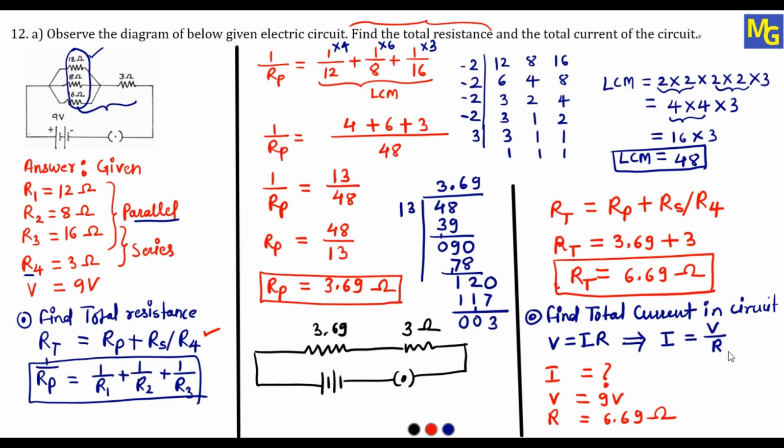So these are the values which I have to substitute here. So let me solve it on another page because it will be a little bit lengthy and I have to show the calculations. So I'll write it once again here so you should not get confused. Find total current in the circuit. So what is the formula?